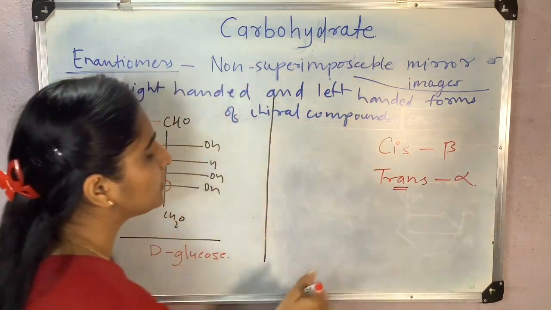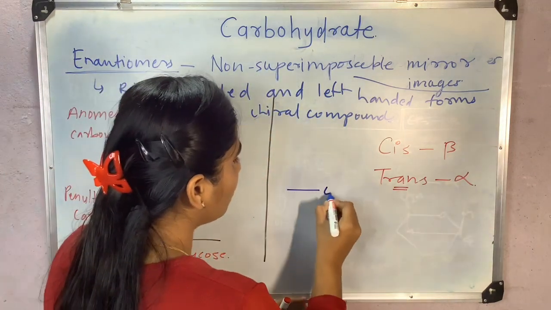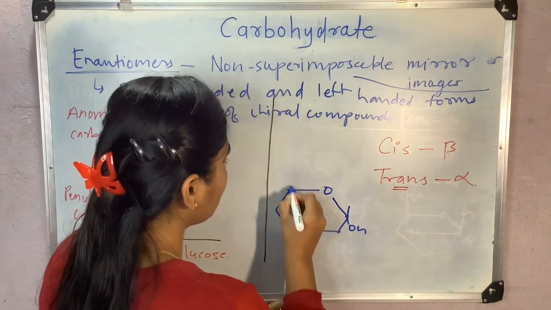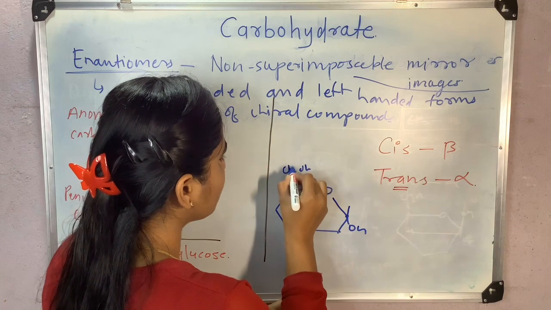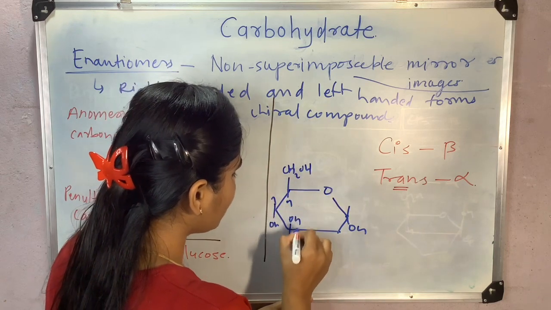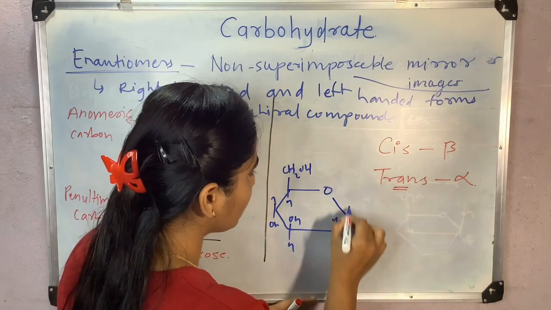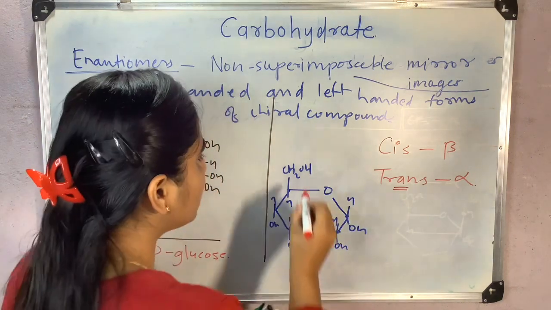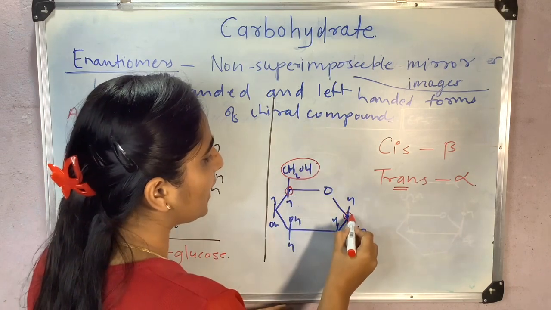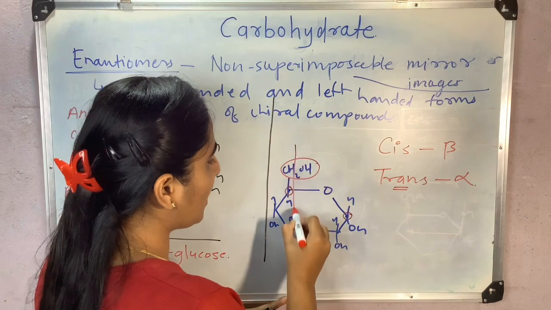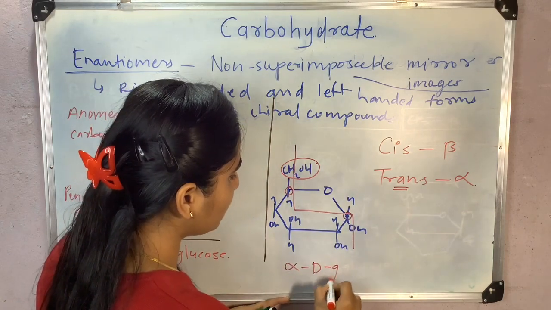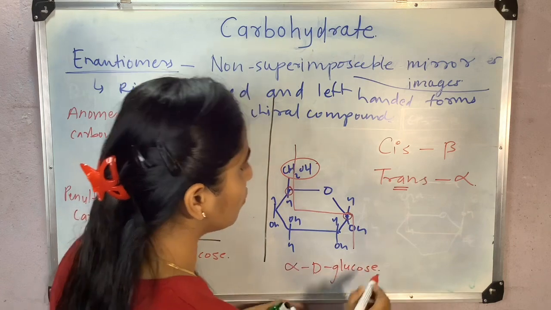Suppose I draw here D glucose, OH and CH2OH, H, OH, H, OH, H, OH. Suppose this CH2OH on the penultimate carbon atom and the hydroxyl group on the anomeric carbon atom are in trans form, then the structure is alpha and the molecule is alpha D glucose.